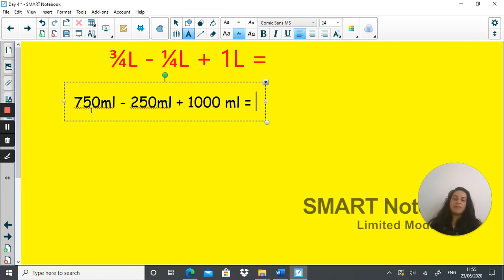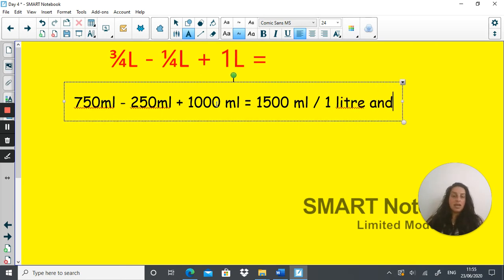So 750 millilitres take away 250 millilitres equals 500 millilitres. Add on 1,000 millilitres, it becomes 1,500 millilitres, which is the same as 1 litre and 500 millilitres. Those of you who got that right, well done.